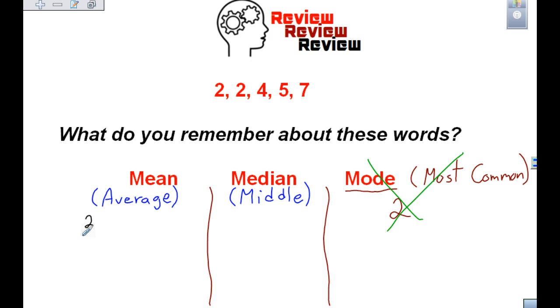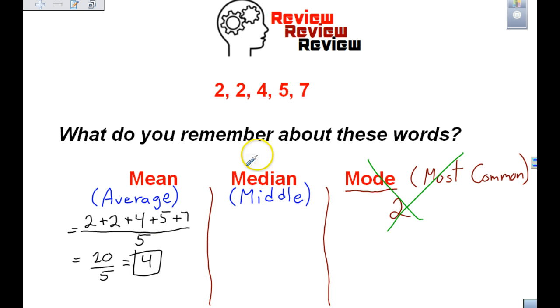But recall that average means add everything up. So we get 20 over 5, so the mean or average is 4.